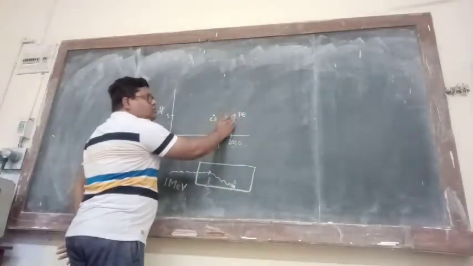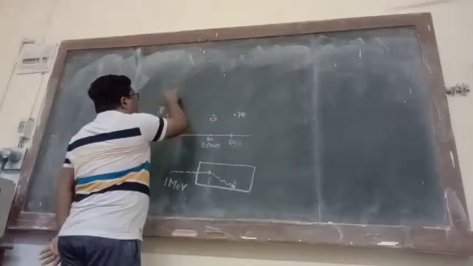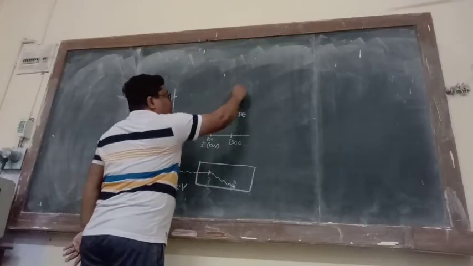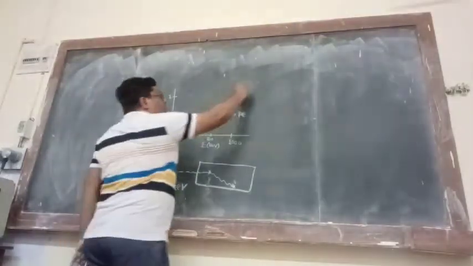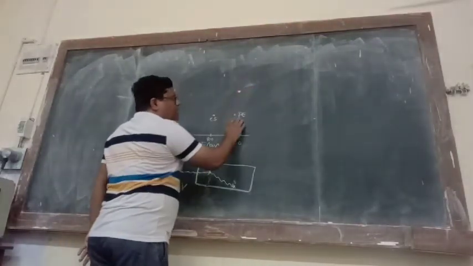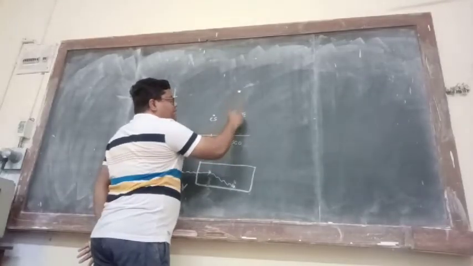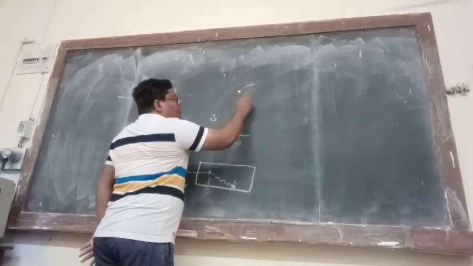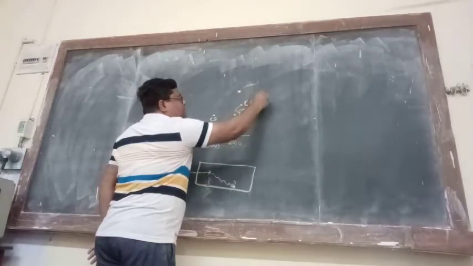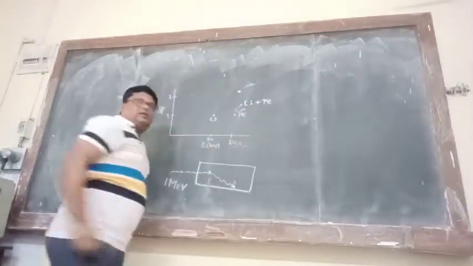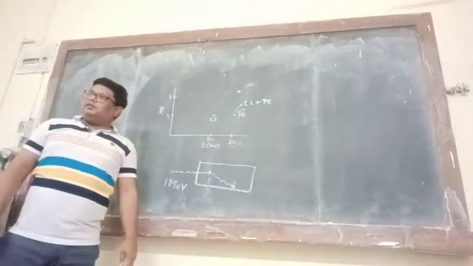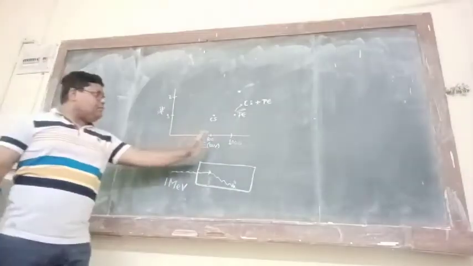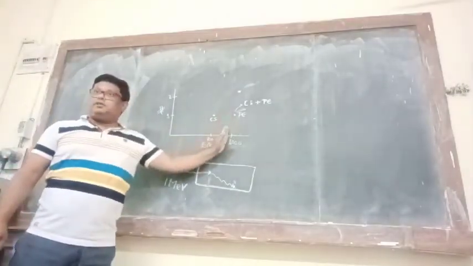But since this was already there, we will have 2 counts now. Do you understand? One count is due to photoelectric and another count is due to Compton scattering plus photoelectric effect. But the result is that we will get a complete energy deposition.